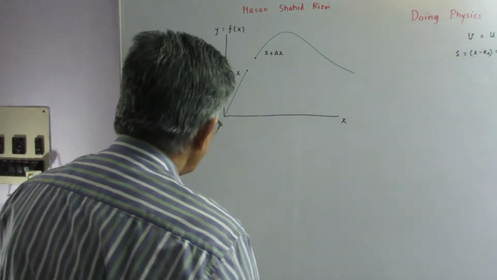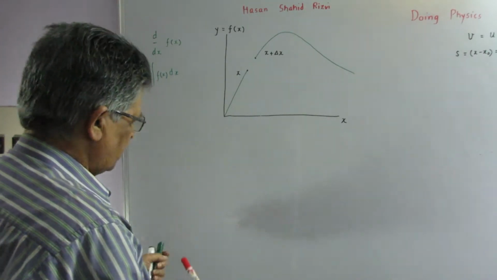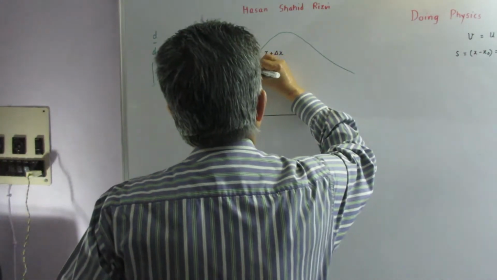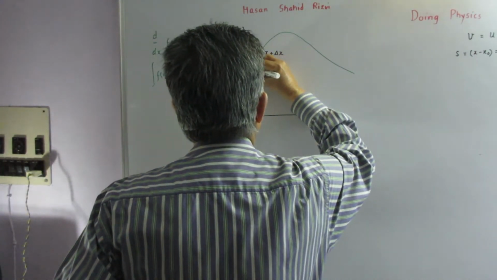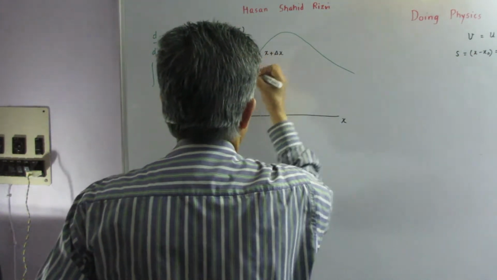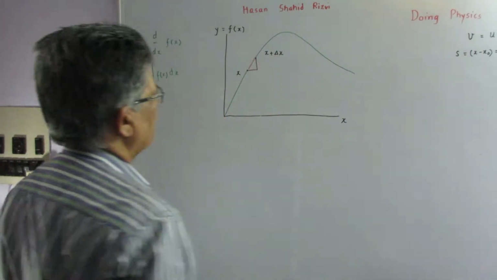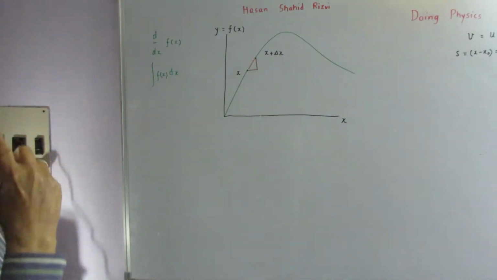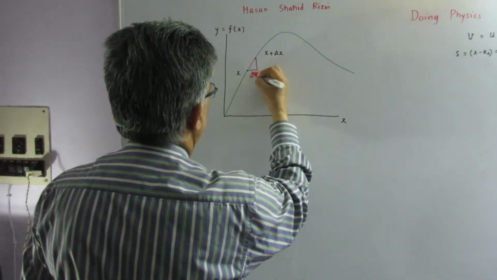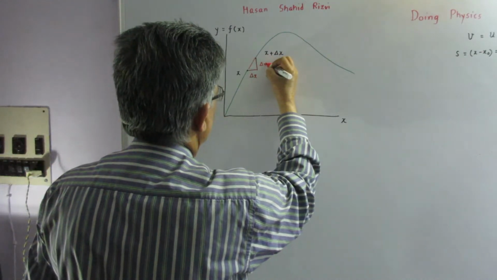So we can see that this is a kind of, because the value of delta x is small, so what I get is a right angle triangle where this is delta x and this is delta y.